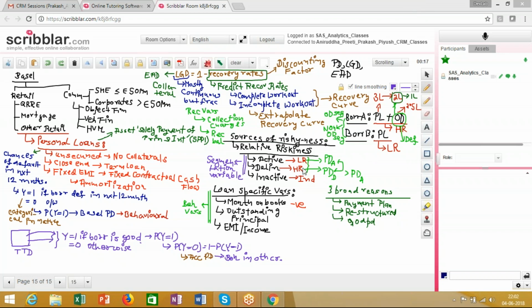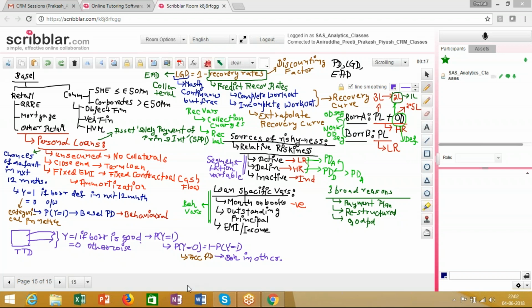Great. Now coming to the behavior PD. When I talk about the behavior scorecard, or when I say that PD is a behavioral model, it means that, suppose I'm modeling the probability of a borrower to default for the auto loans portfolio. So for this borrower, what would happen is the following. This guy has taken the auto loan, and he misses a payment on the auto loan.